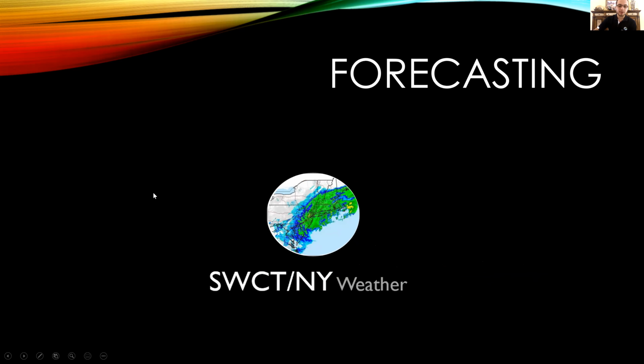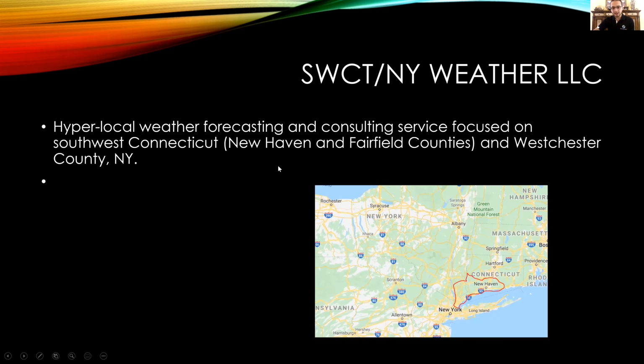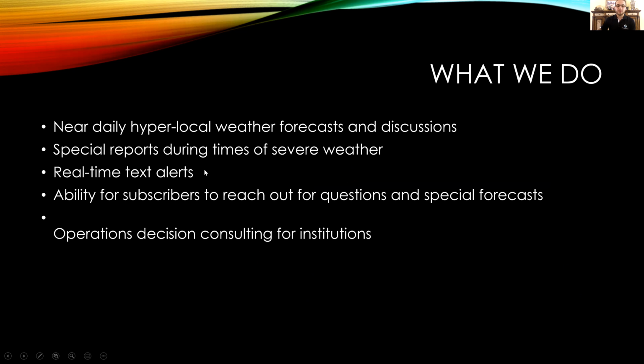So what do we do more specifically? As I was saying, we're a hyper-local weather forecasting service in the southern Hudson Valley and Southwest Connecticut. We provide our subscribers and clients with near daily hyper-local weather forecasts and discussions.